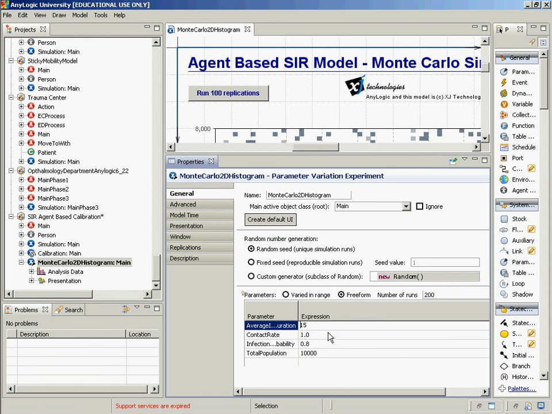And with freeform, rather than simply saying sweep it over a range, I'm going to actually impose a probability distribution. So this distribution might be more involved or simpler. It might be something like a log normal distribution, with, say, a log mean of 1 and a log standard deviation of 2 for the average illness duration.